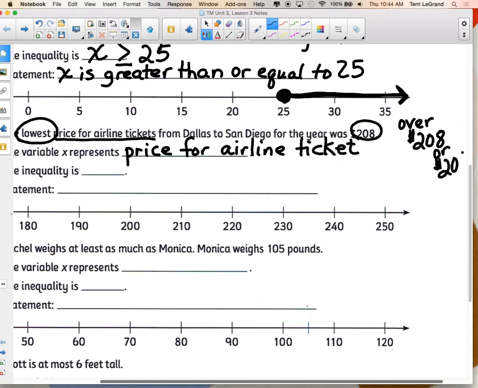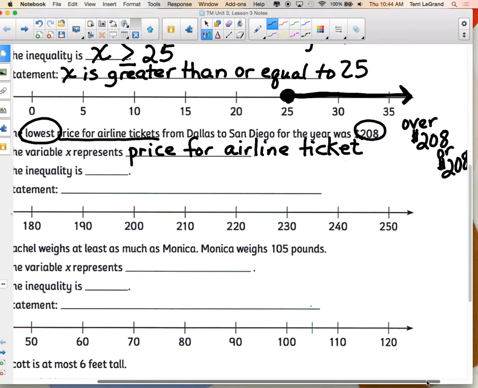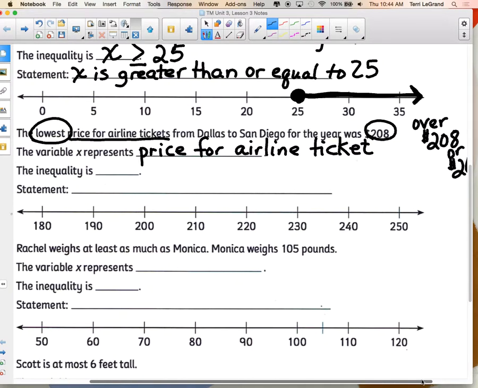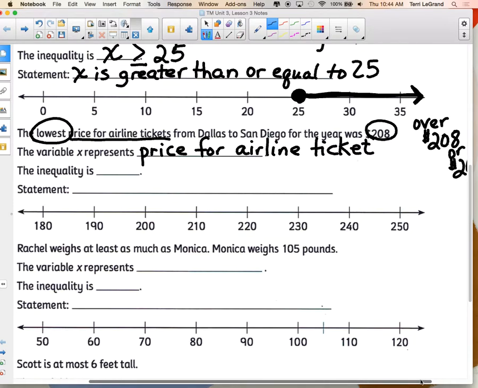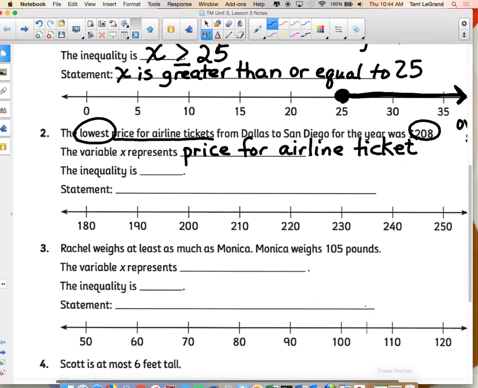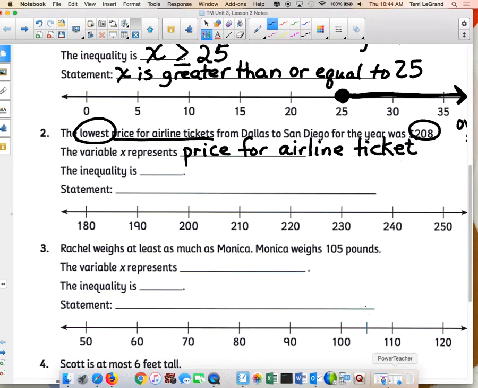So it could be the 208 or some number over 208. What do you think the inequality statement would read this time? If our variable X has to represent the price of an airline ticket and it's either $208 or it's over $208, what would we write?